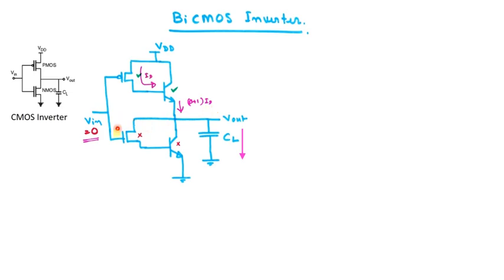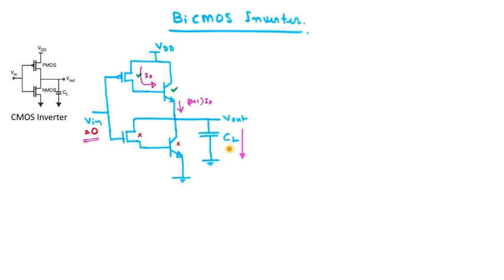However, in this situation, as this NMOS is off, this other NPN BJT will also be off because no current can flow through its base. So this (1 plus beta) times ID current cannot flow to ground, it has to flow to the load capacitor CL.